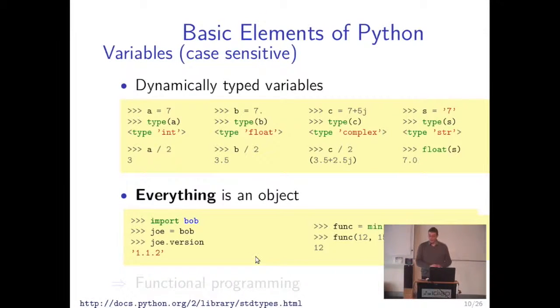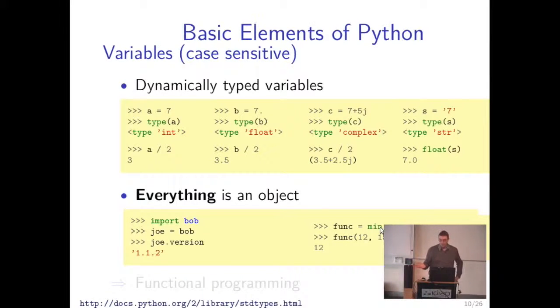And another thing is that functions are also objects. So we have the built-in function min, which just computes the minimum of two values. And this can be assigned to a variable. And this variable can then be executed with two values, and it will behave like the min function.